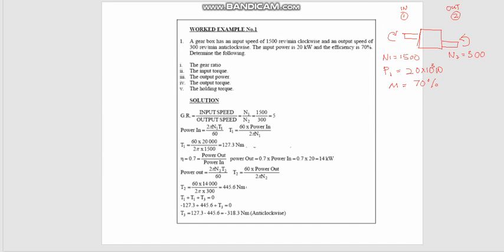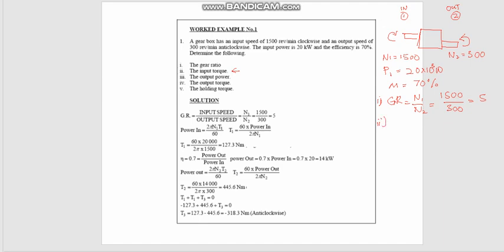One is the gear ratio. The gear ratio is simply equal to N1 over N2. And we know what N1 and N2 are. So this is 1500 divided by 300, and this equals 5. So the gear ratio is equal to 5. It's quite simple. The second one is the input torque.